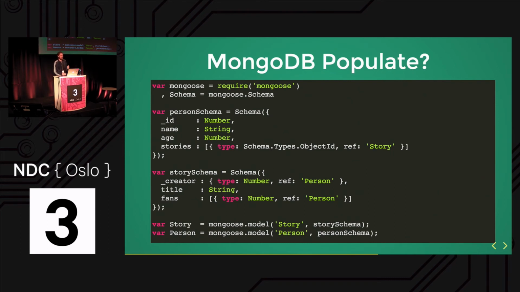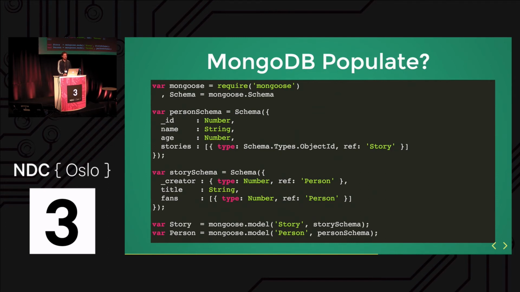So you could say that I want all of the stories here on a person to be populated from the story collection. This would be okay if you were going to do this just a single level, but if you were going to do this recursively, that doesn't work very well.